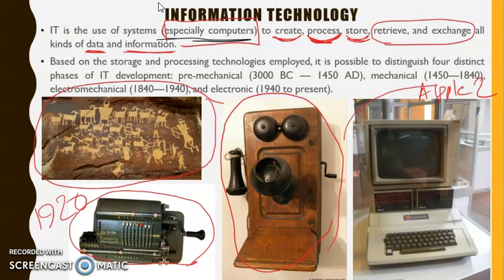Information technology is a telephone because it's a way of communication, a way of exchanging information, a way of creating information, and finally the computers. That's the usual understanding of us who are living in this era about information technology.